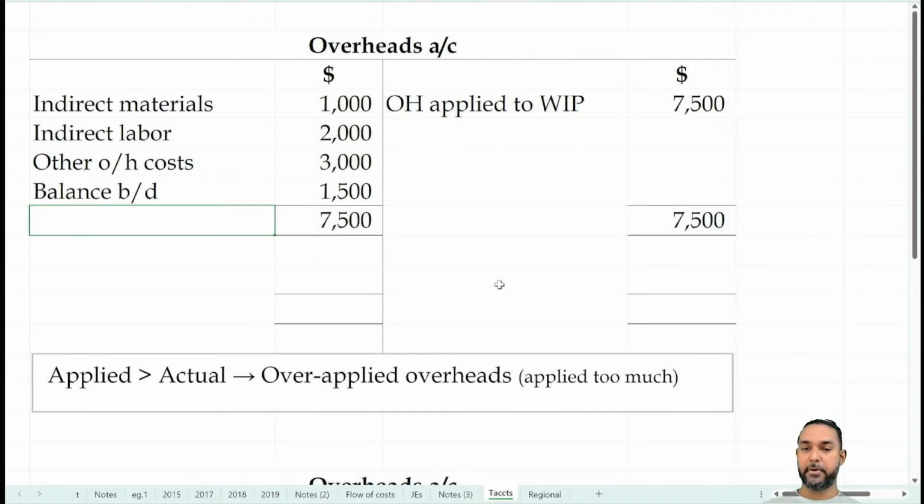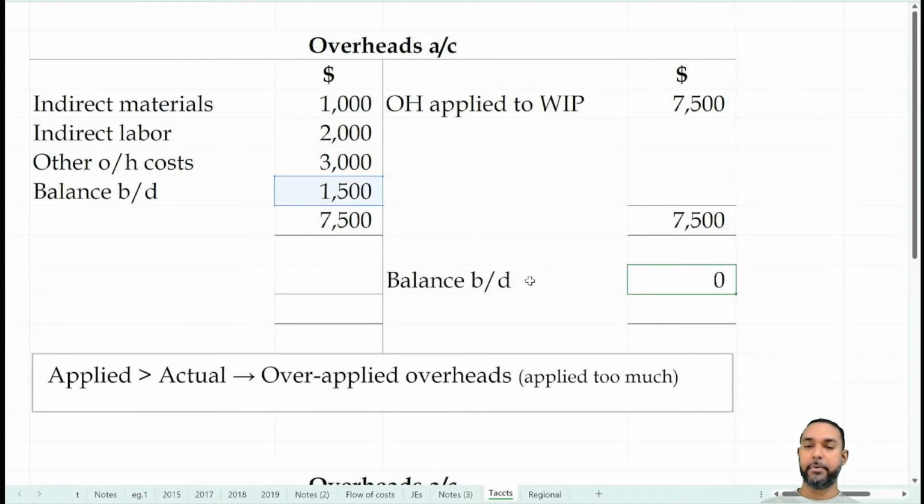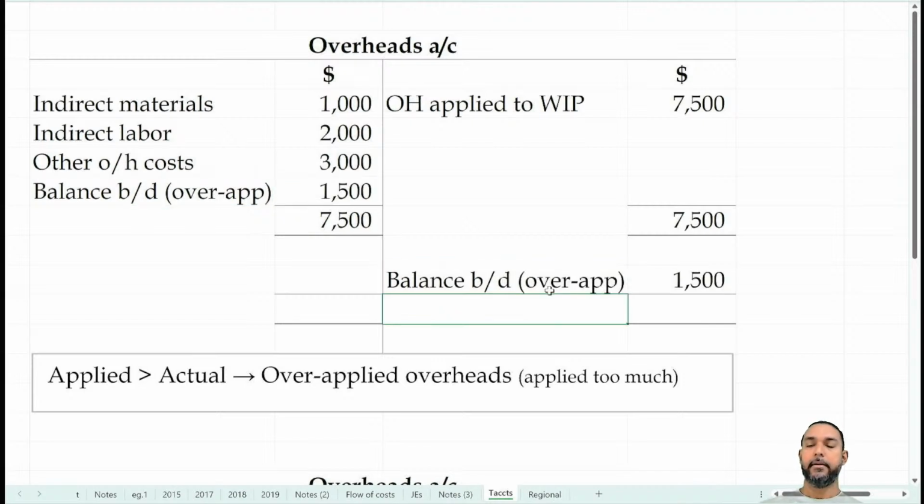That balance is going to come down here. That's the over applied. We've applied too much, so the costs are too high.